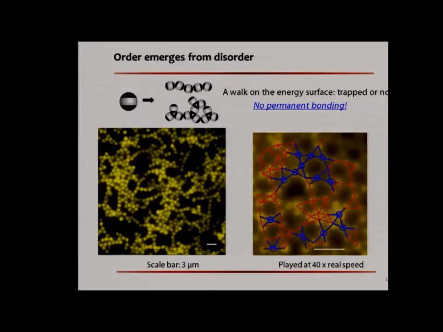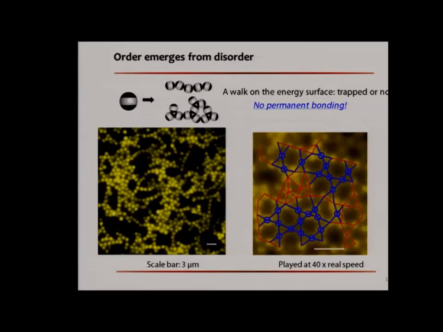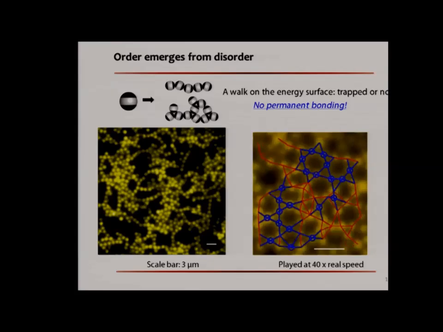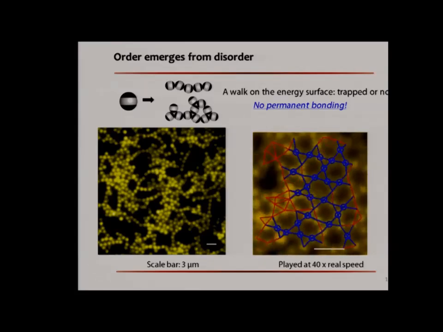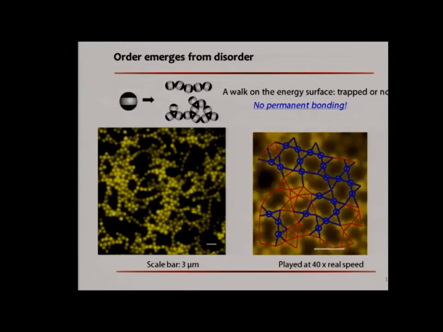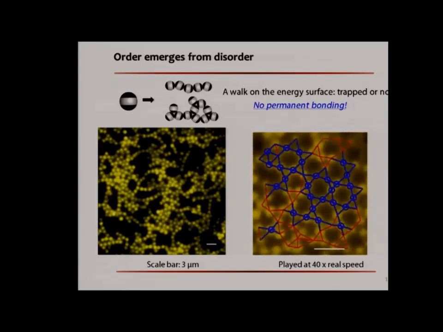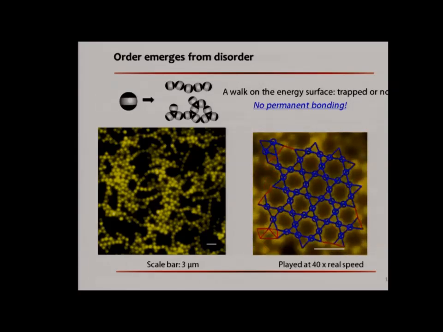But as time goes by, the particles are agitated by thermal fluctuation in the solution, and they start to self-correct, until all the particles form a crystalline domain of the Kagome lattice like shown there. So that's the power of self-correction. If you are more patient, say waiting for one or two days, you can get a large crystalline domain like I showed you earlier in the movie.